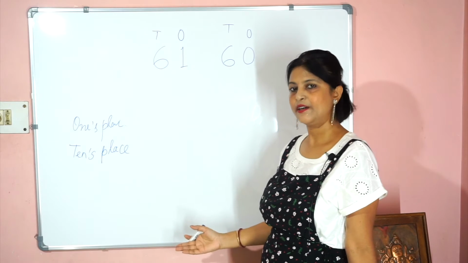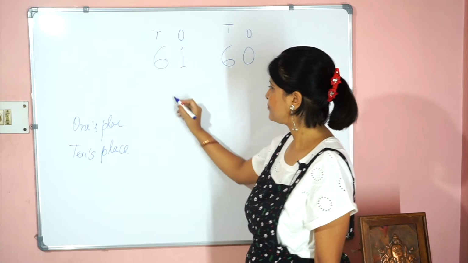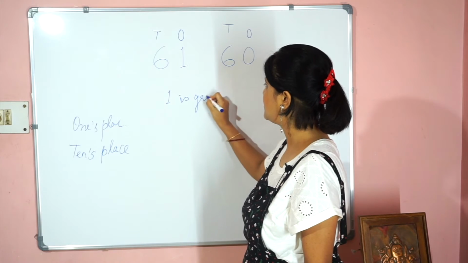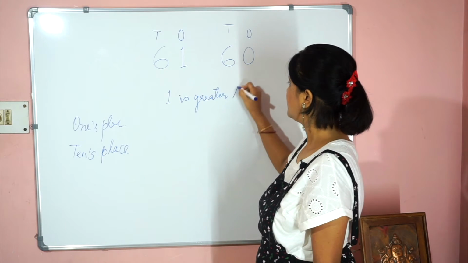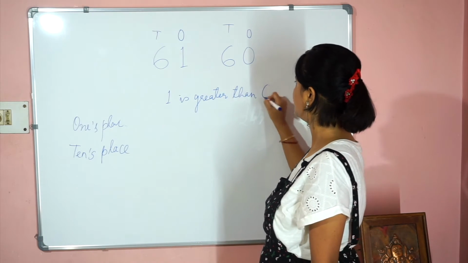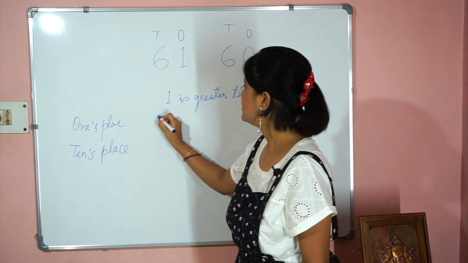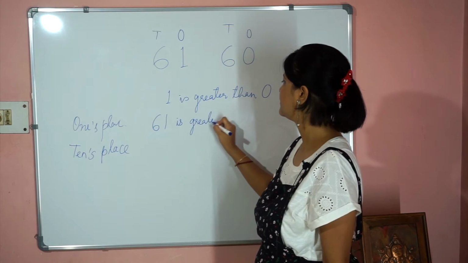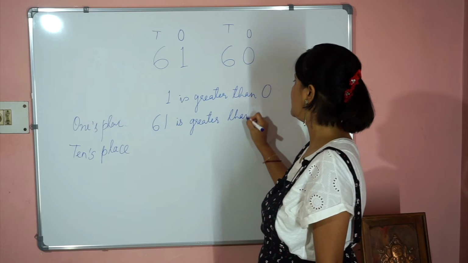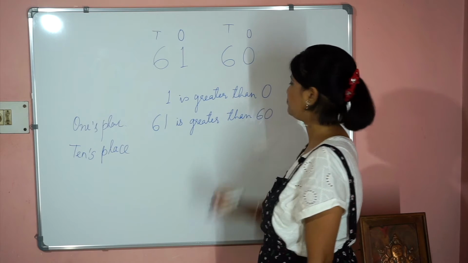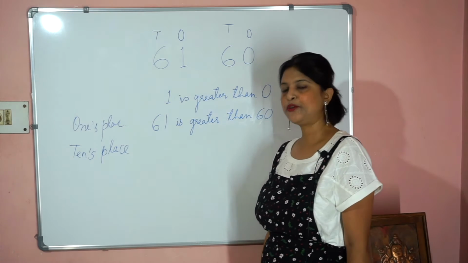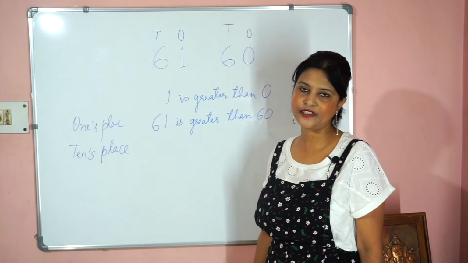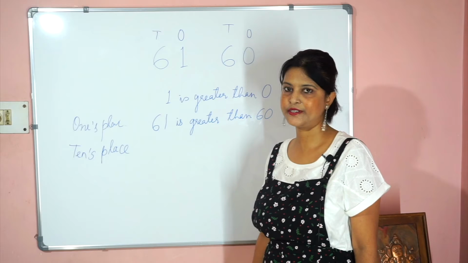So obviously 1 is greater than 0. Hence, since 1 is greater than 0, therefore 61 is greater than 60. So now you must have understood how to identify the greater of the two given numbers.